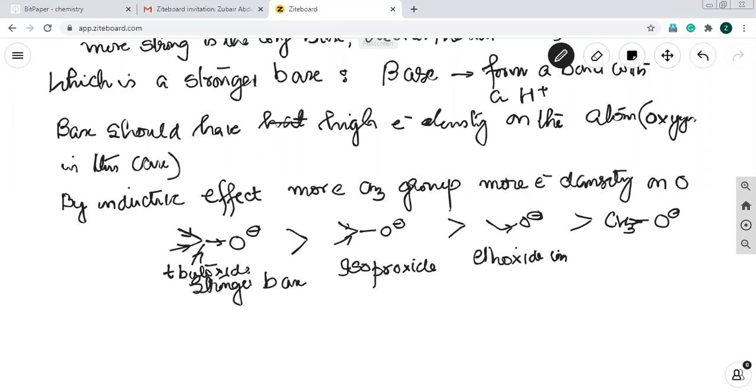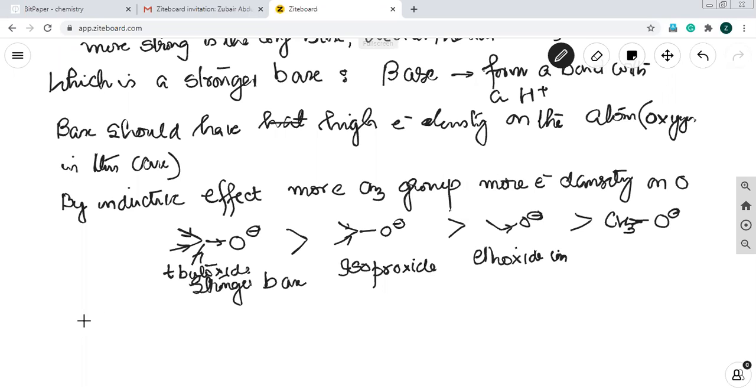Now, what about the acidity of the corresponding alcohol? What will be the order of acidity of the corresponding alcohol? It's the reverse of this. Why? What's the reason?